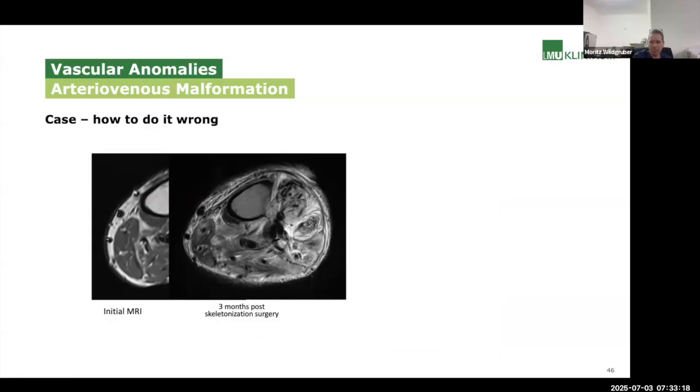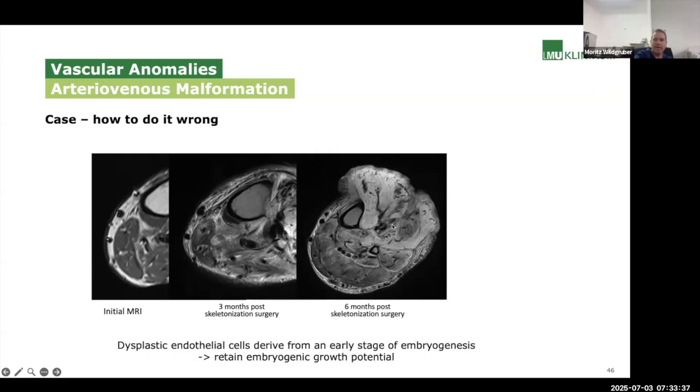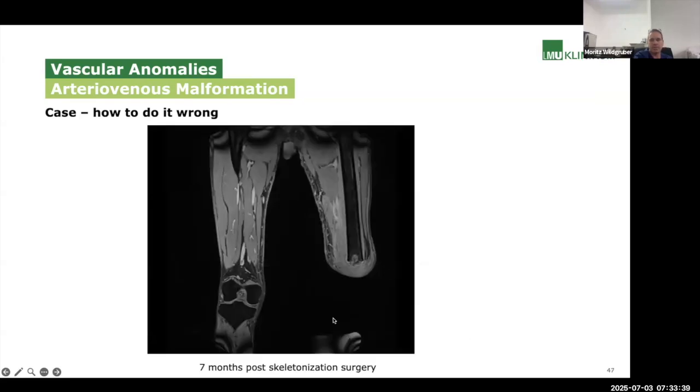Therefore, one should not do partial resection of an AVM, and also one should not embolize a little and then send the patient away. You have to embolize completely. In this case, you see the lesion went to massive proliferation, and this was not handleable anymore, and the patient had to be amputated, which would not have been necessary if it had been treated properly.